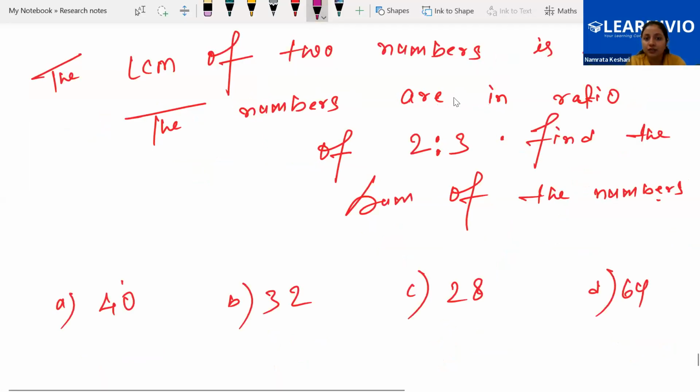How will we do it when we have this type of question? The LCM of two numbers is given as 48. The numbers are in ratio 2:3.